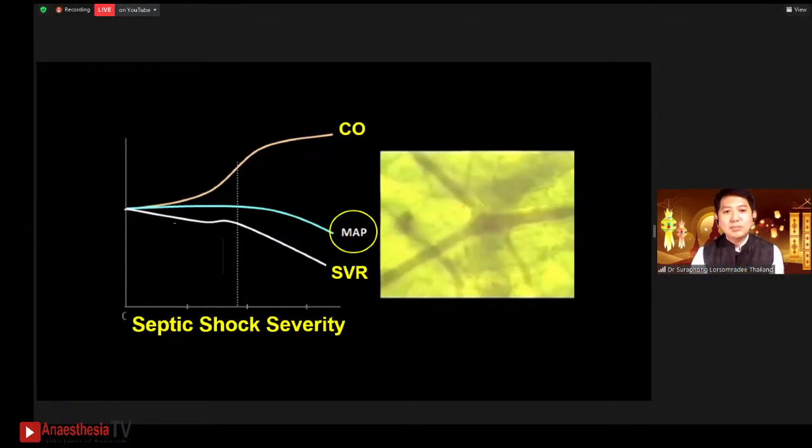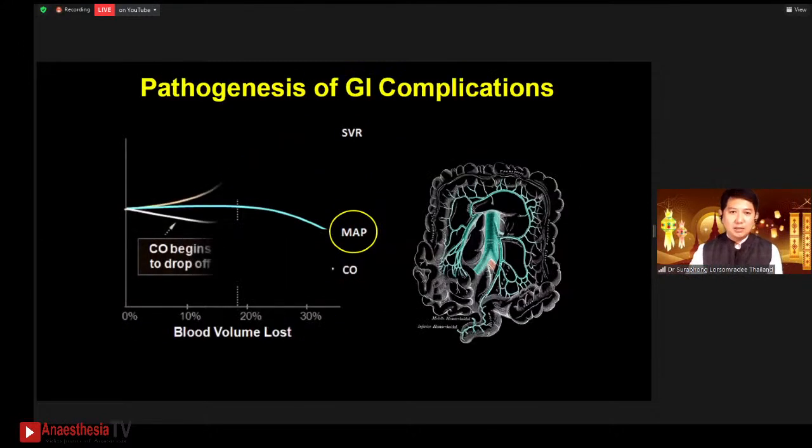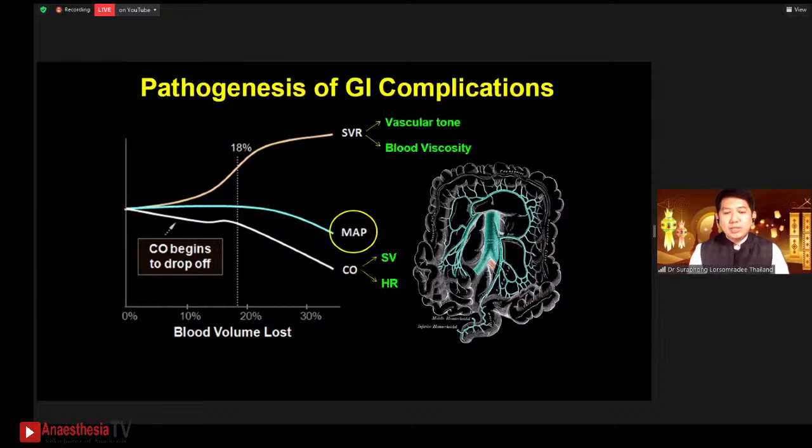And in another situation, not low SVR, but low cardiac output. For example, during surgery, if we have blood loss, the body tries to compensate by maintaining normal mean arterial pressure, by maintaining stroke volume and the heart rate, right?